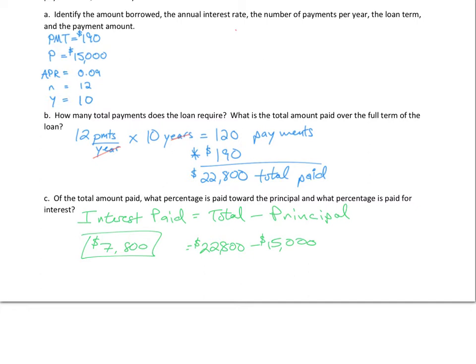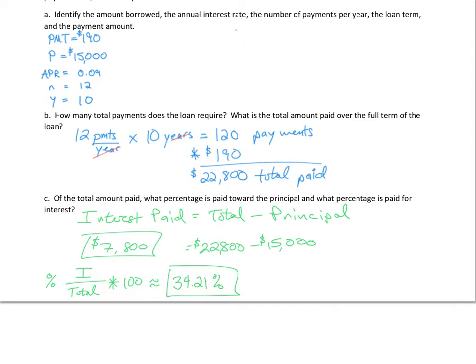The question is, what percentage of the entire total paid was interest? So if we want a percent, we just take the interest and divide it by the total, multiply by 100. So that is 7,800 divided by 22,800, and then we multiply that by 100 to get 34.21%.